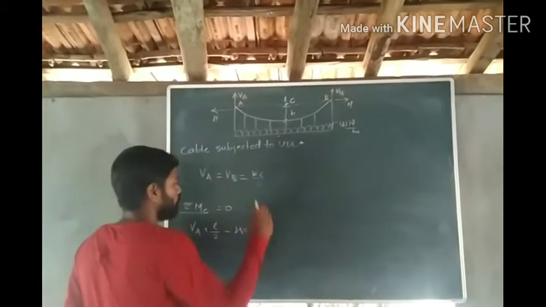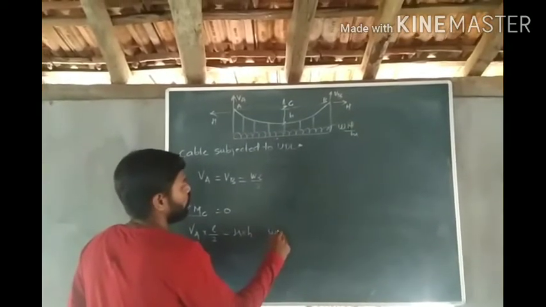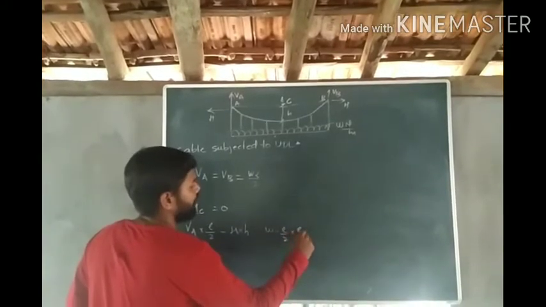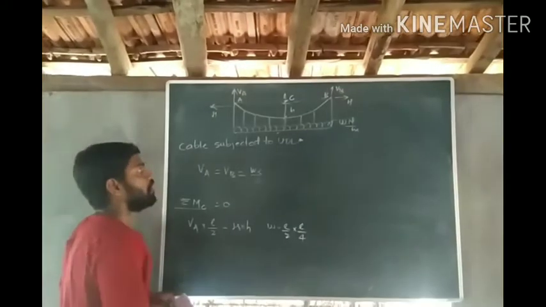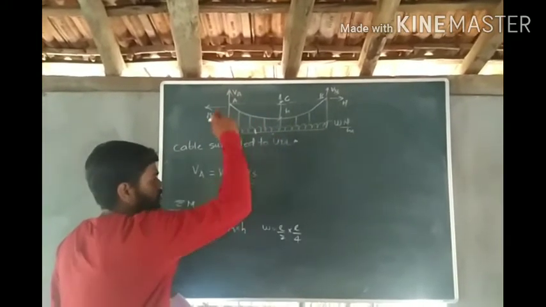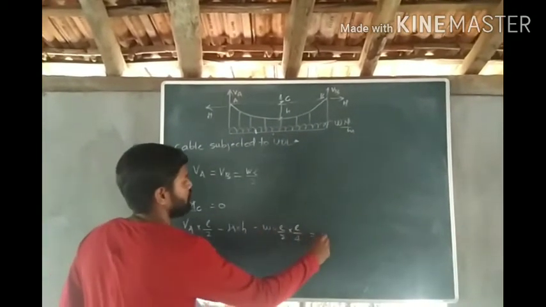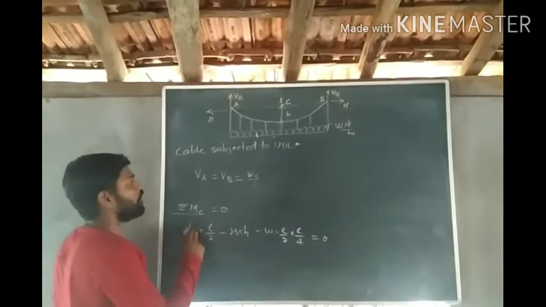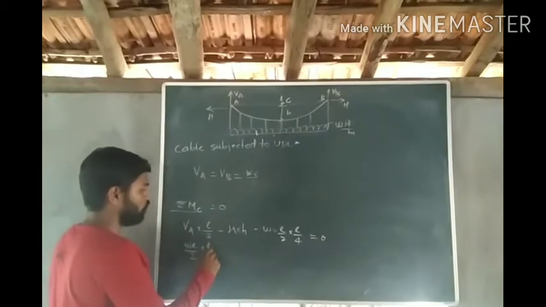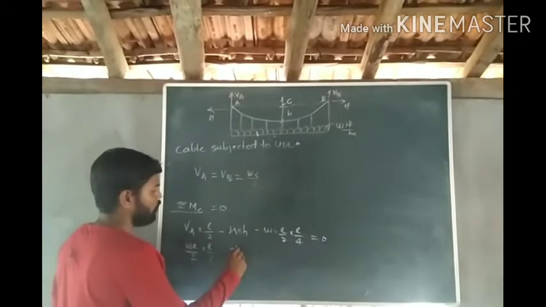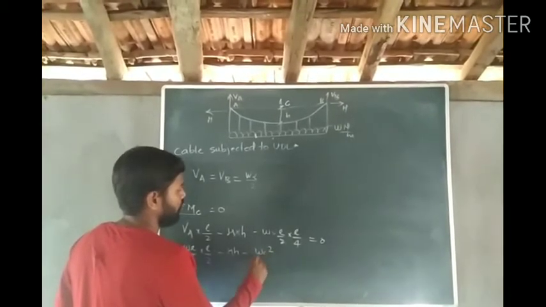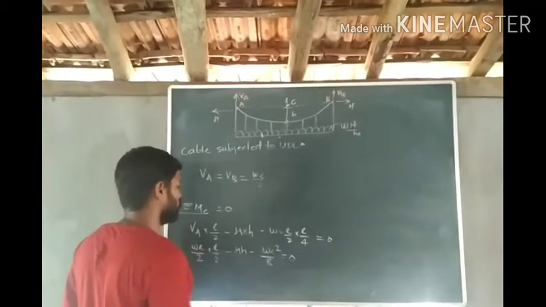Then the moment due to this UDL, W into this span L by 2, acts at L by 4 distance, and this is downward, so it will cause an anti-clockwise moment, so minus, equal to 0. So what is the value of VA? VA is WL by 2 into L by 2, minus H into h, minus WL square divided by 8, equal to 0.